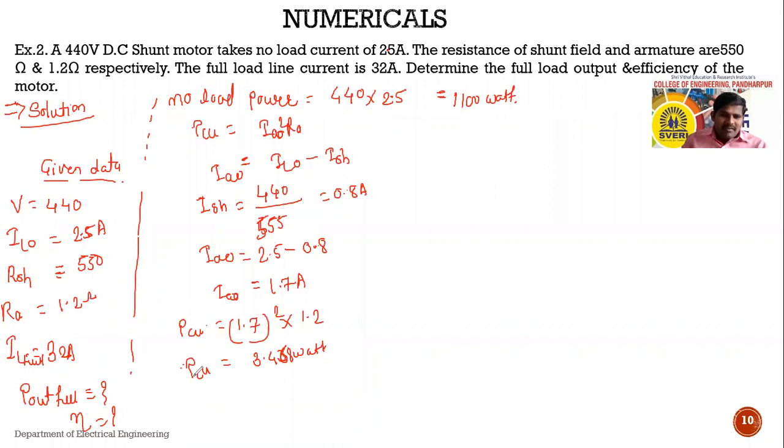According to this, we calculate the constant losses, which we can also call iron loss or core loss. Constant losses is equal to power input 1100 minus PCU, that is 3.468, which is 1096.532.